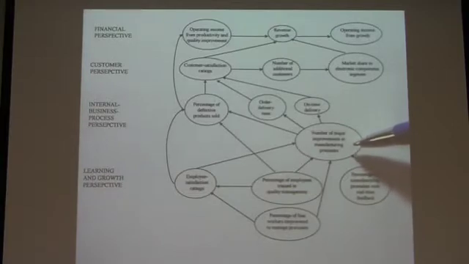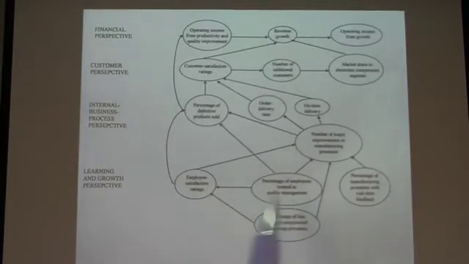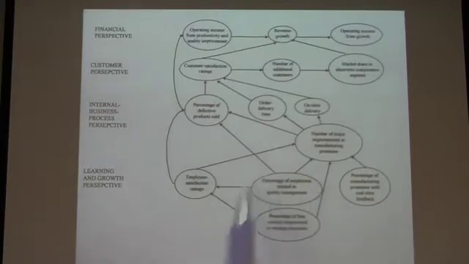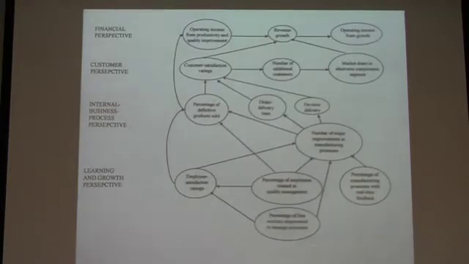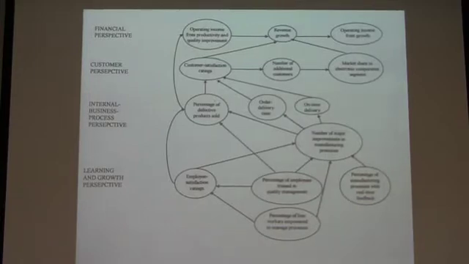Now, that could entail employing the right people, keeping the right people, and training the right people. So this is part of the learning and growth perspective. Part of it is the fact that if we want to improve this, it may not be the actual product itself, it may be the people that we employ that are handling the products that created this defect.